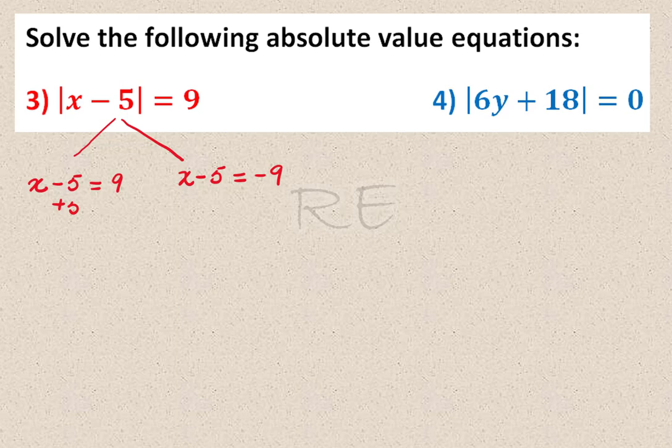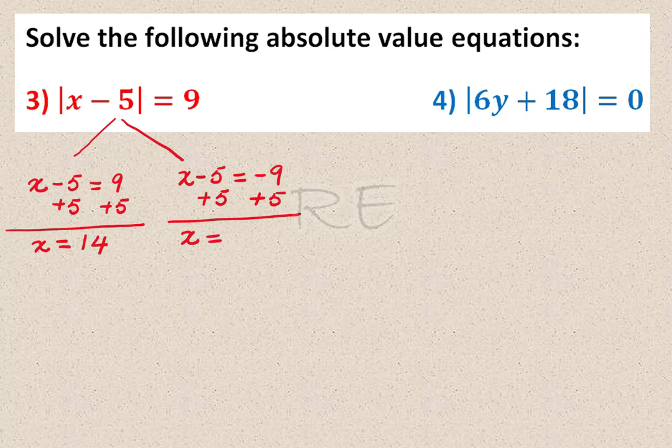We're going to add 5 to both sides, and x is equal to 14. We're going to add 5 to both sides, and x is equal to negative 4. So the solution set is x equal to negative 4 and x equal to 14.